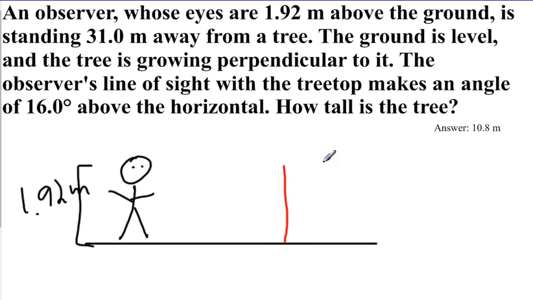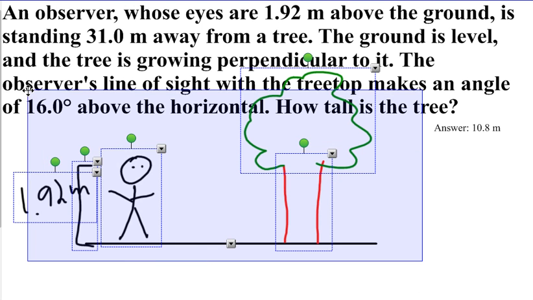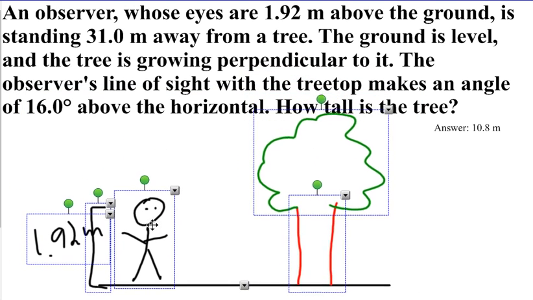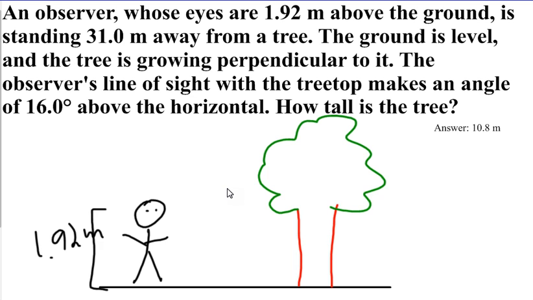So let's draw a tree. And let me move some of this down a little bit. All right. Now, what you're told is from your eyes, you see the top of the tree, and this makes an angle of 16 degrees.